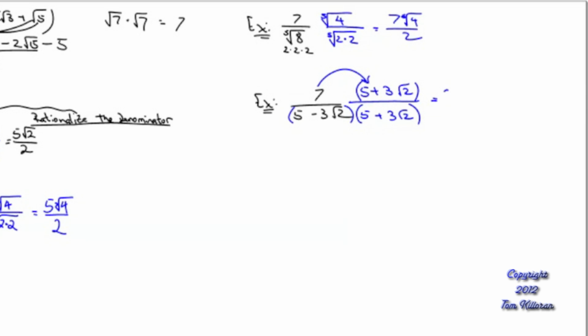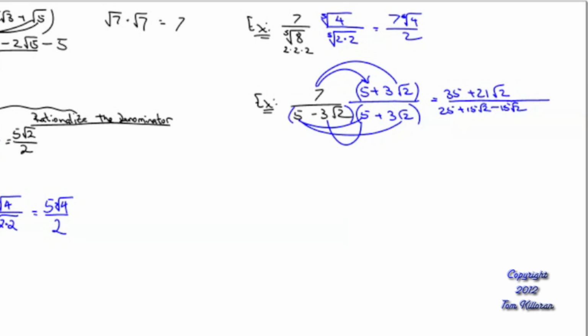7 times 5 is 35, plus 21, don't forget the square root of 2, over 5 times 5 is 25. 5 times 3 square roots of 2, 15 square roots of 2. Inner, it's negative 15 square root of 2.